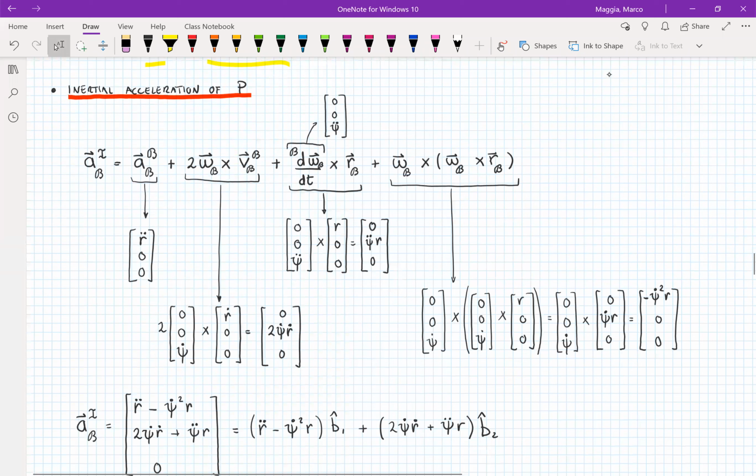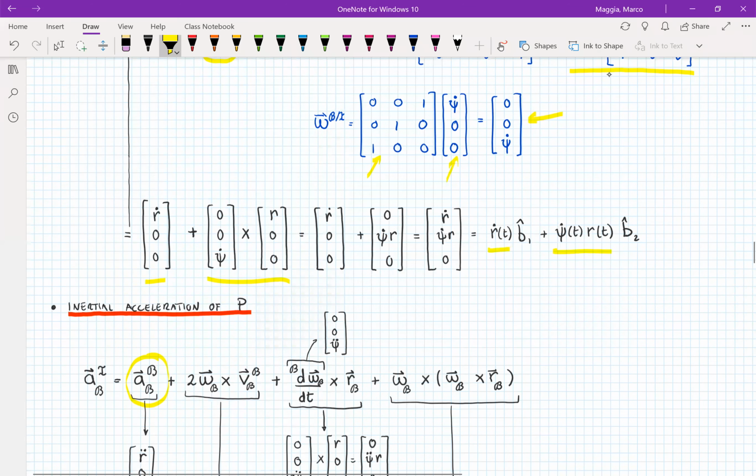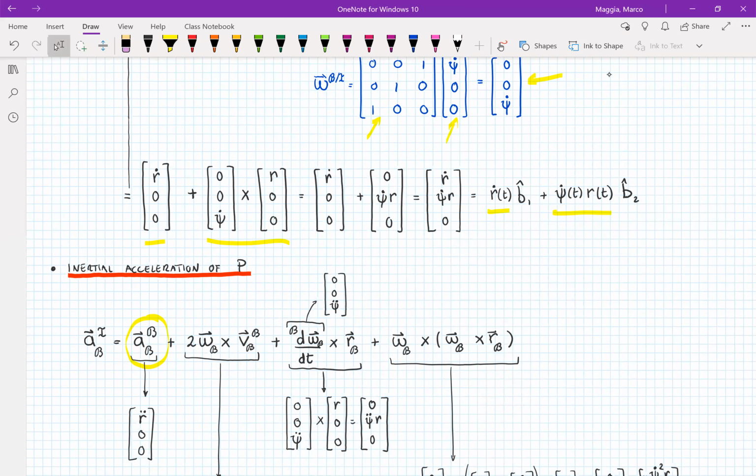So here it is just a little bit longer, but we have everything that we need. We know all the vectors. The only one that we haven't really found is the non-inertial acceleration in B coordinates, but that is simply given by the second derivative with respect to time of the position coordinates. So since the position vector is (r, 0, 0), then AB in the B coordinates is (r double dot, 0, 0).